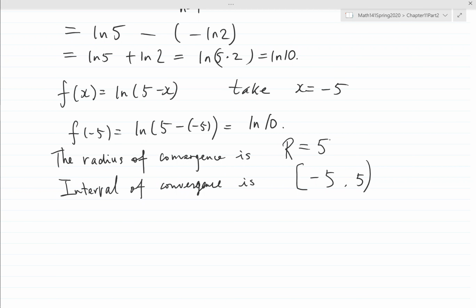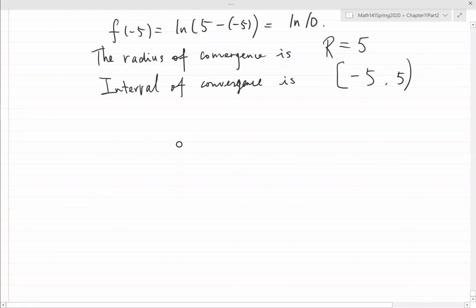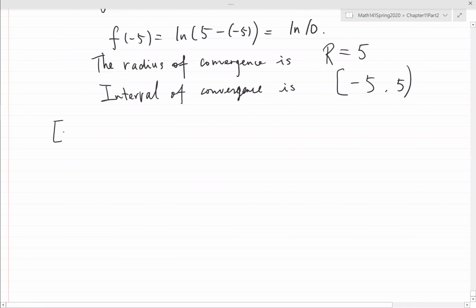Okay, now let's do one more example. Find the power series of ln((1 plus x) over (1 minus x)).